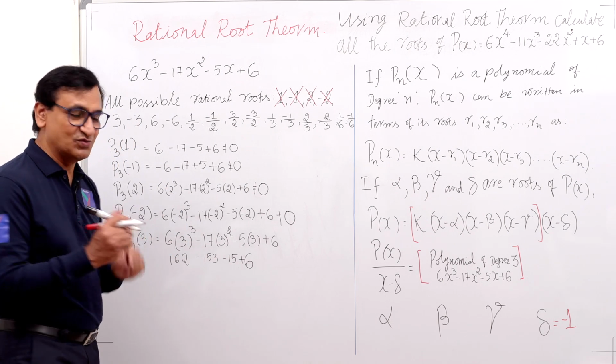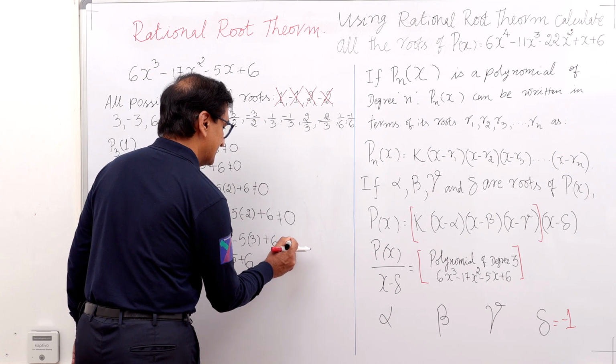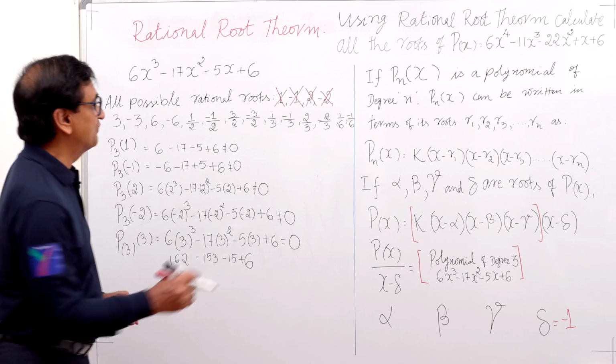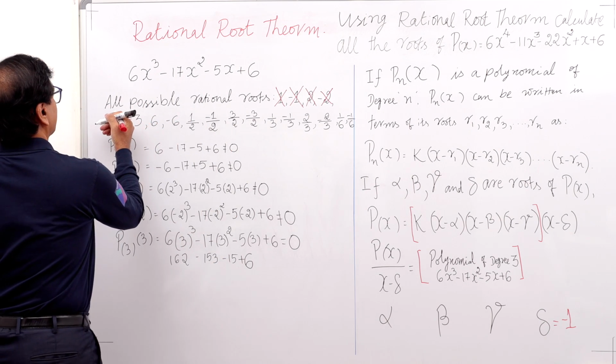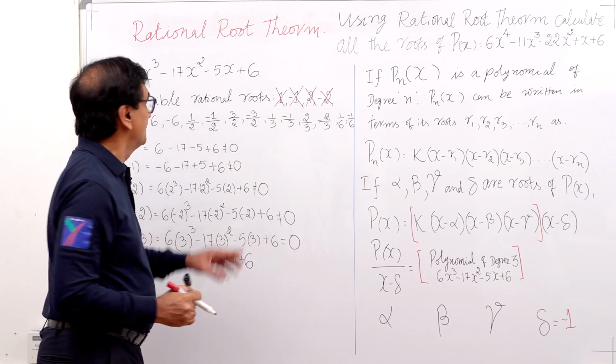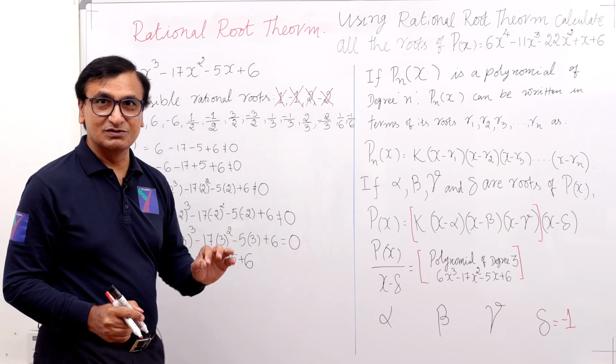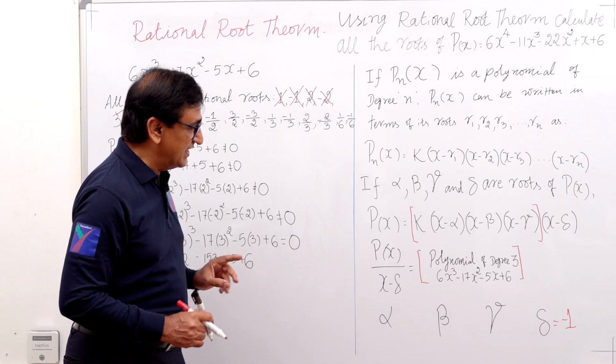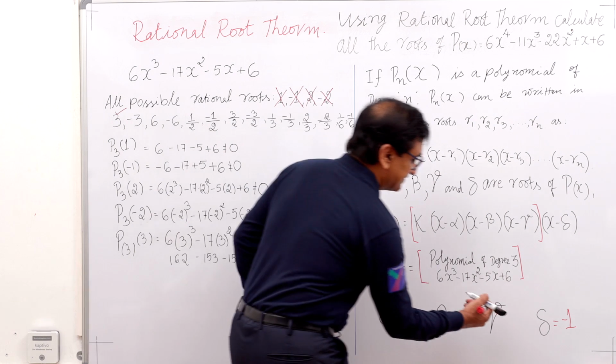So this is 0. Therefore, 3 is a root of our cubic polynomial. So 3 is a root. Therefore, this polynomial is divisible by x minus 3, correct? So let us call gamma as 3.